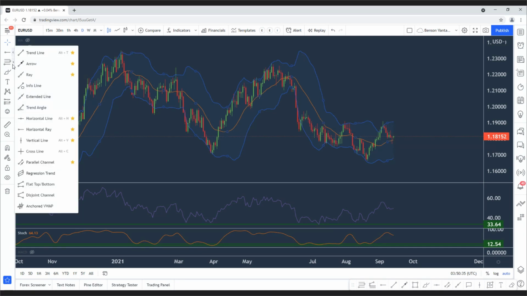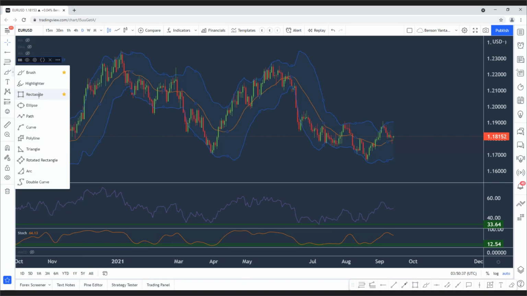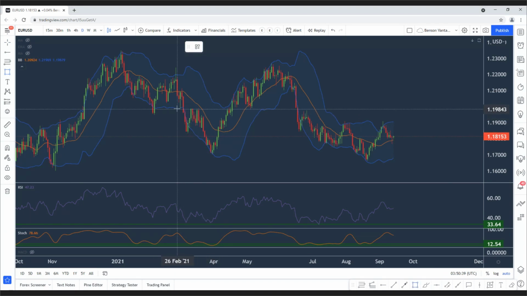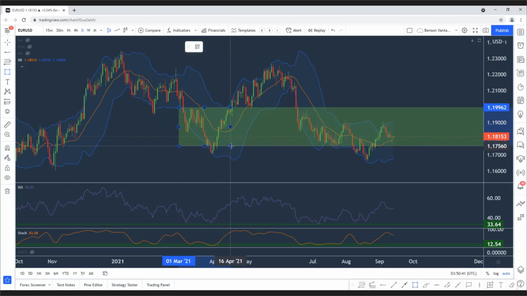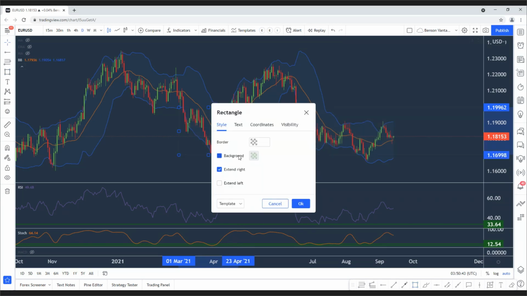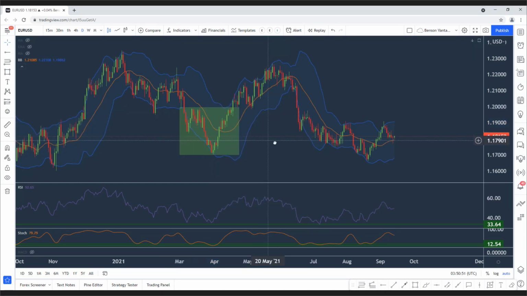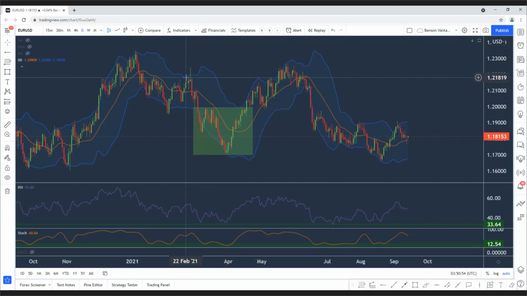Let me box it up for you. You can see over here the Euro Dollar price came down to test the lower band of the Bollinger Band, then bounced.